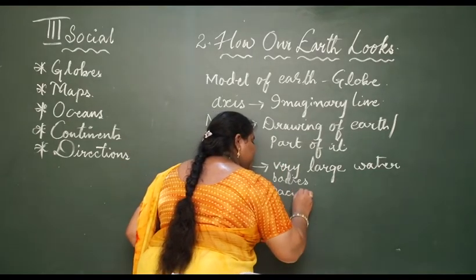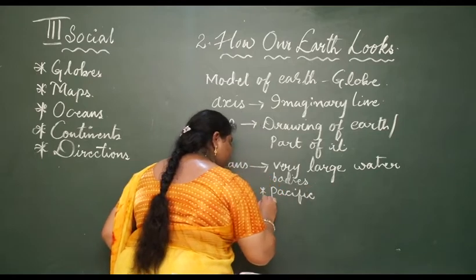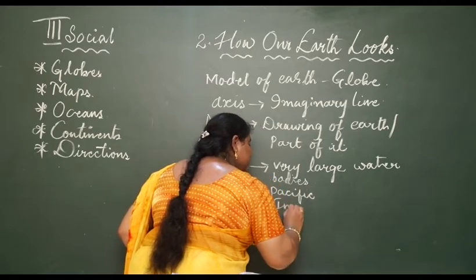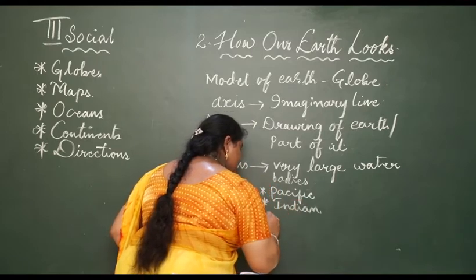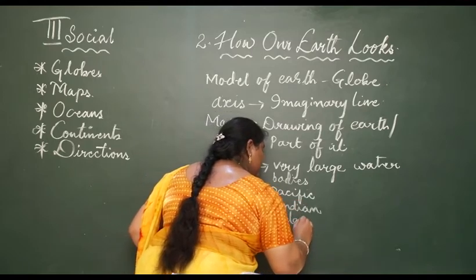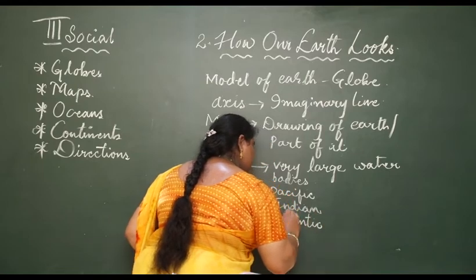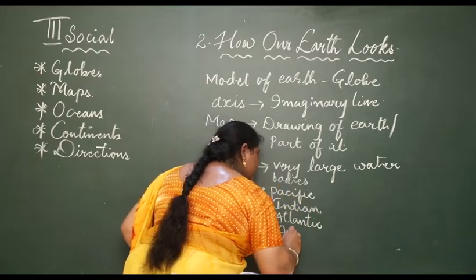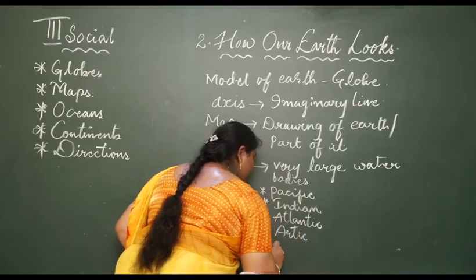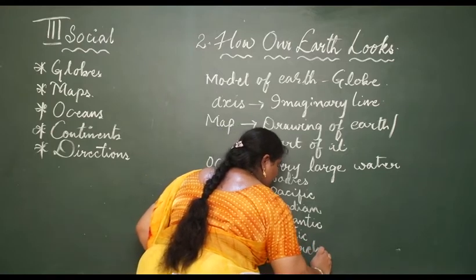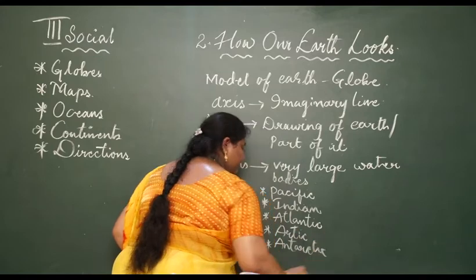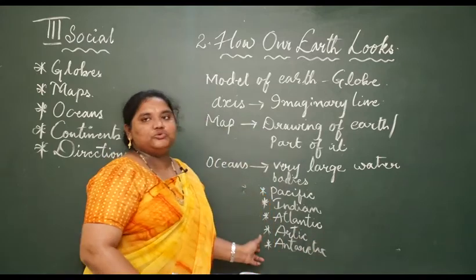Pacific Ocean, Indian Ocean, Atlantic Ocean, Arctic Ocean, and also the Antarctic Ocean. These are the 5 major oceans.